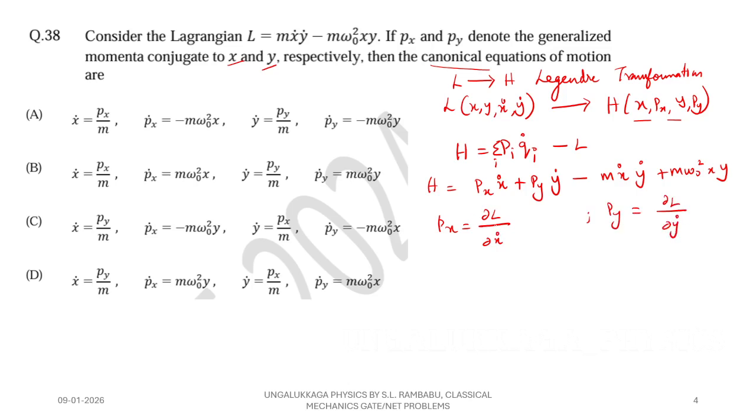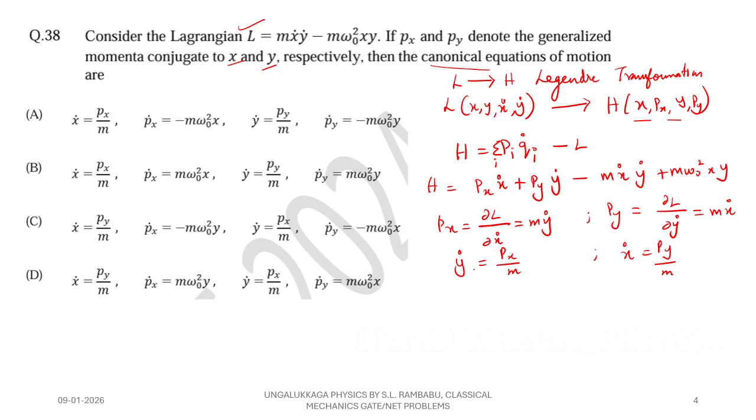L is given in the problem, so dou L by dou x dot is equal to m y dot, and similarly py is dou L by dou y dot, which is m x dot. So y dot is equal to px by m, and x dot is equal to py by m.